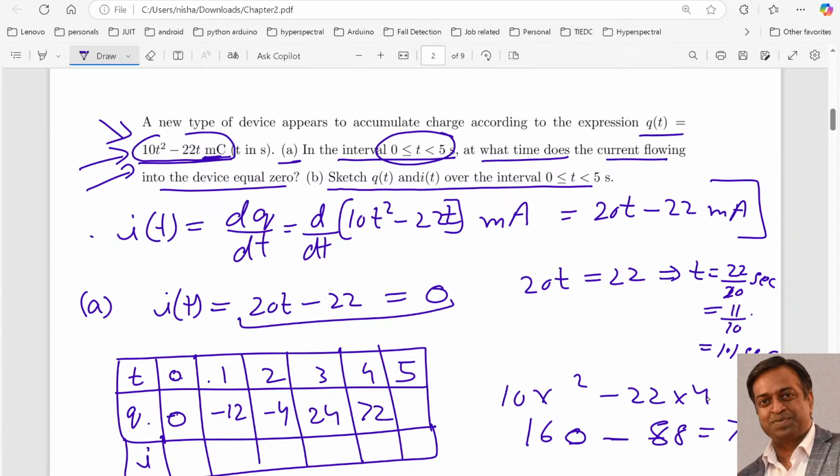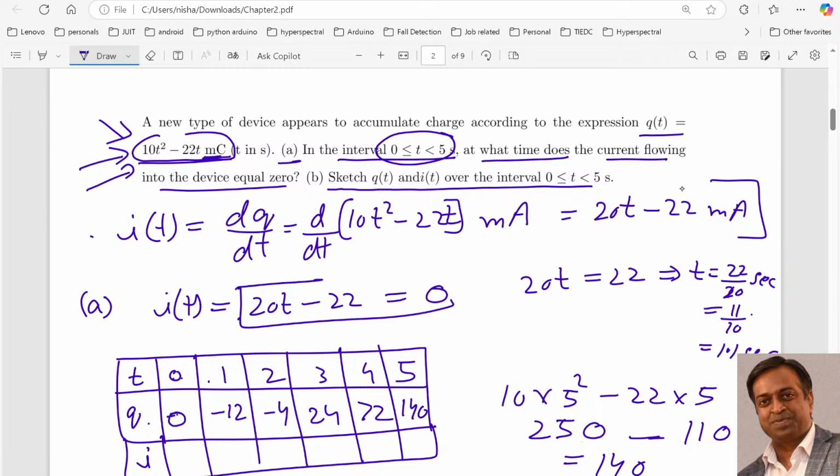And the last is 5, 5 squared is 25, so 250 minus 22 into 5, which is 110, so it will give us 140.